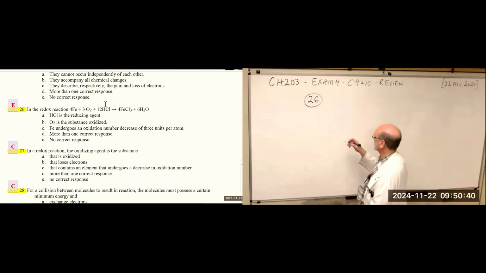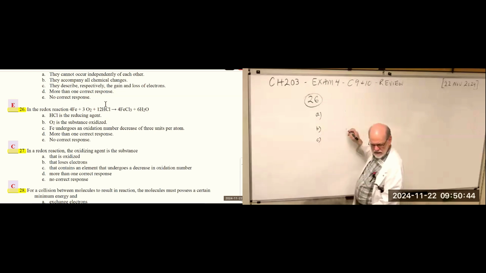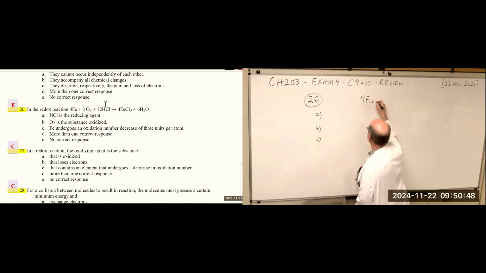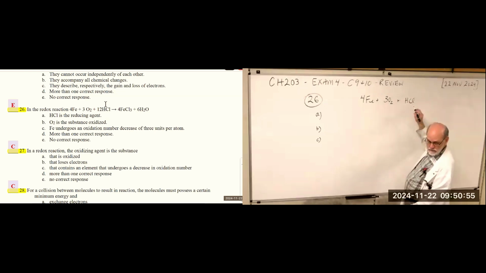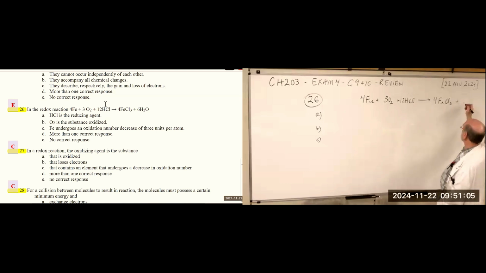A through C. And let's see. We better write this one out. 4 Fe plus 3 O2 plus HCl, 12 of those yields 4 of these plus 6 of these.